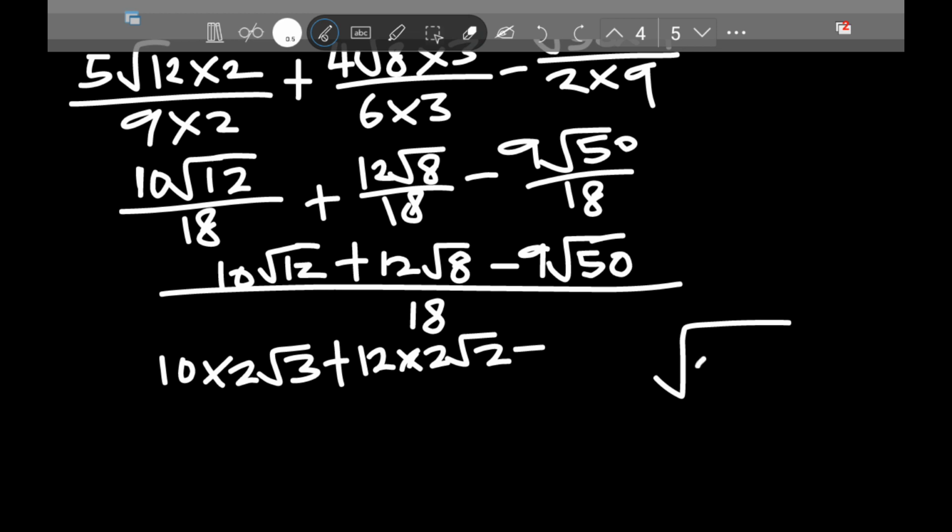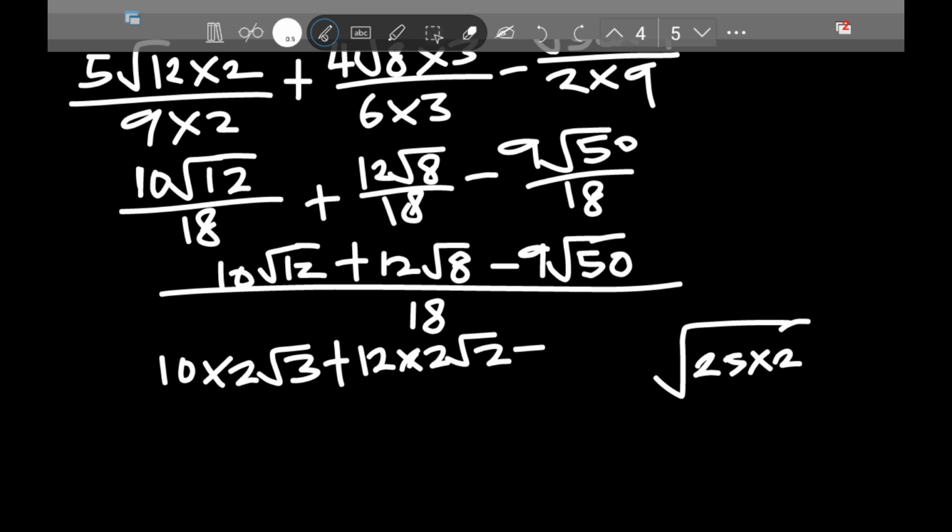Those two numbers are 25 and 2. 25 times 2 is 50, so the value isn't changed. What we just did was break 50 into two parts, so that one is a perfect square, 25, and the other is a non-perfect square. So these are the two possible numbers into which 50 can be broken.